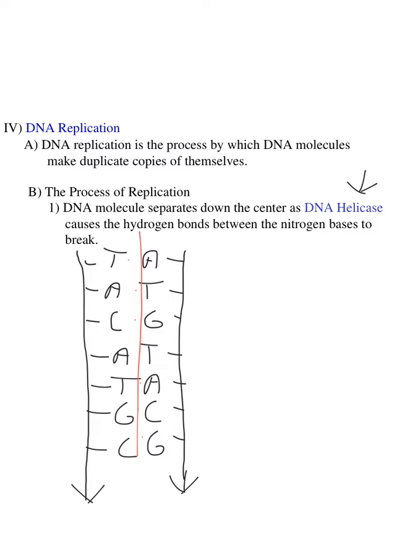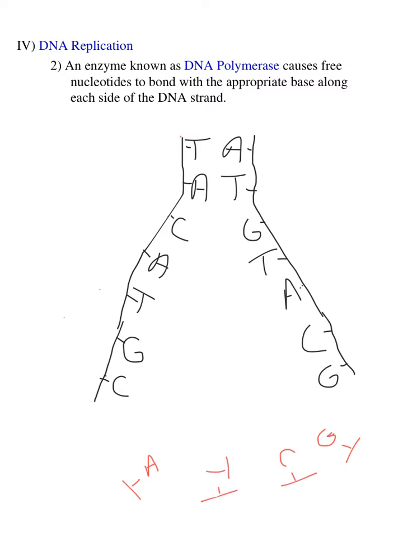Imagine this half of the ladder and this half of the ladder as just being separated. So imagine our parent DNA split apart now by the helicase, exposing both the left and the right sides.